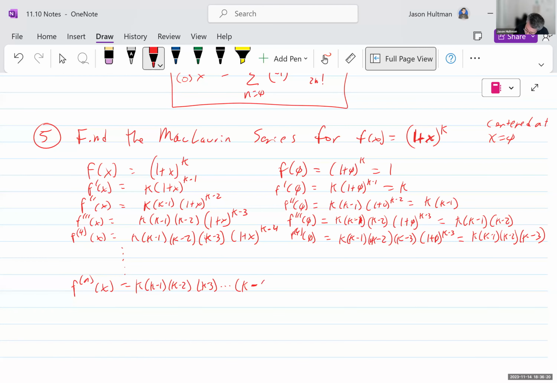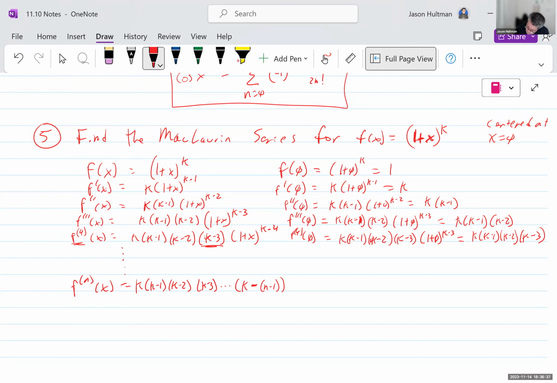So that would be k minus n minus 1. That's why I stop. If it's the fourth derivative, I stop at the third with k minus 3, right?